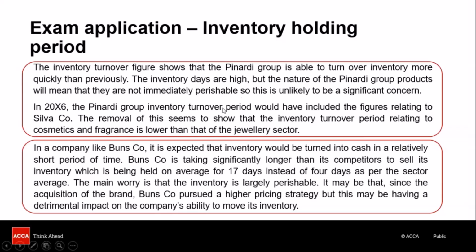Now over here, they are saying that the inventory turnover figure shows that Minardi Group is able to turn over inventory more quickly than previously. Now this is the first major part that I would like to talk about. Whenever you are doing a ratio analysis, you have to make a comparison. That comparison can be with anything.